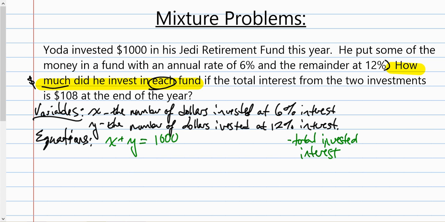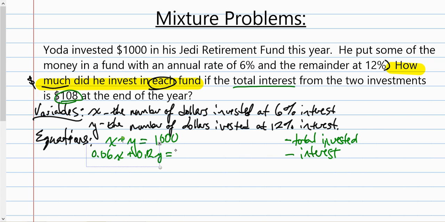Now, the interest is where we pull in our percents. So 6% of x plus 12% of y. This is where we would normally multiply two things to get our last piece of our equation, but all I know is that I have $108 of total interest.